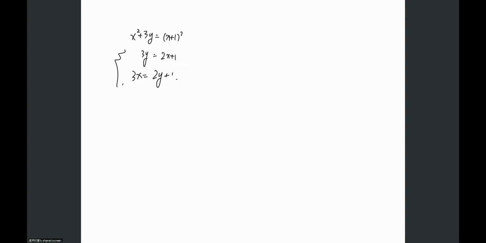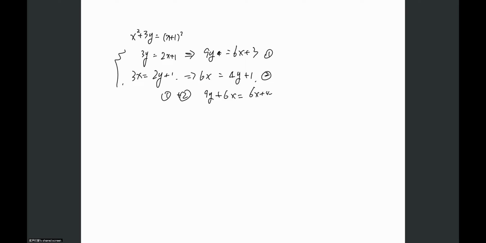Multiply by 3 on both sides, so 9y equals 6x plus 3, and 6x equals 4y plus 1. So 9y plus 6x equals 6x plus 4y plus 4, plus 5. So 5y equals 5, and y equals 1, and x equals 1. This is my first trivial solution, so it's 1 and 1.